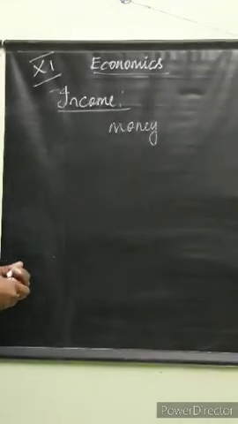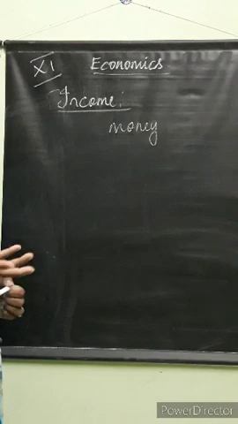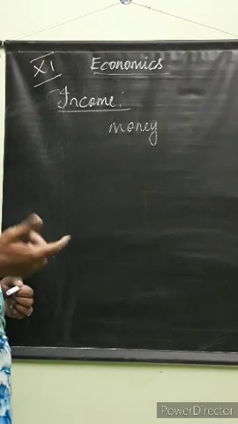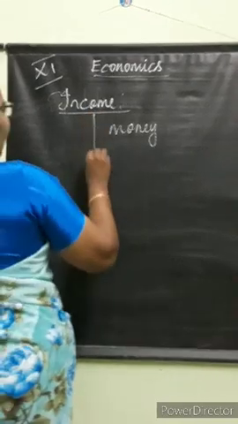When we say the word income, immediately the object which comes to our mind is money, rupee. So the word income, we immediately represent as monetary or money. Here in the topic of income, we are going to study about national income, that is the income of the nation.